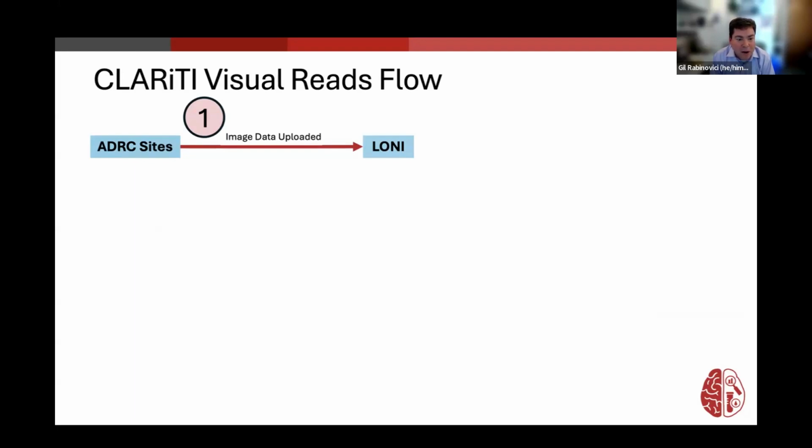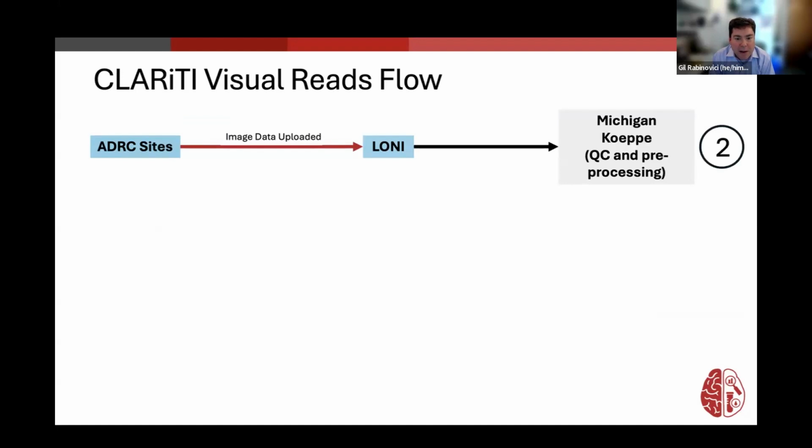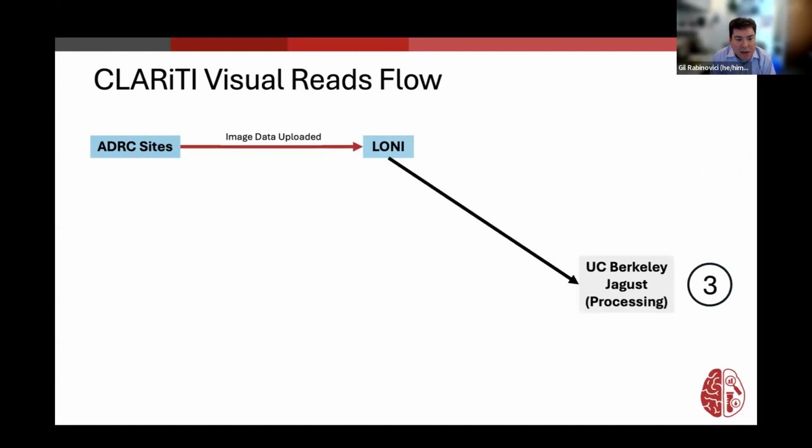So from LONI, the PET scan then travels to Bob Kepi's team at the University of Michigan for quality control and pre-processing. Bob returns those pre-processed images to LONI, and from there they make the trip down to Bill Jagus' team at UC Berkeley, or I should say up the California coast to UC Berkeley, where Bill's scan team is doing the same sort of processing of scans that they're doing for the SCAN project.